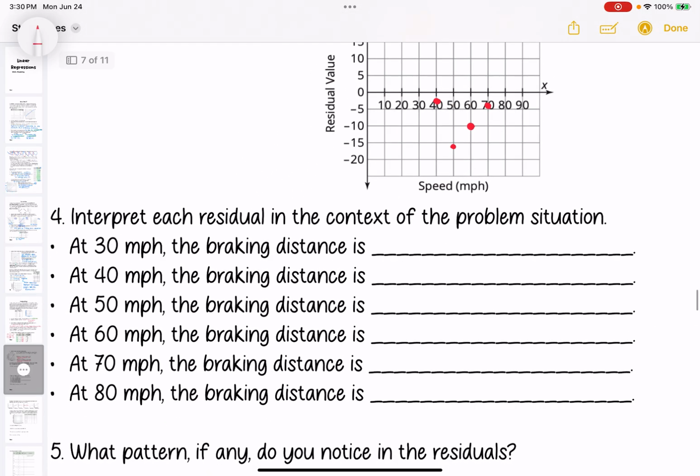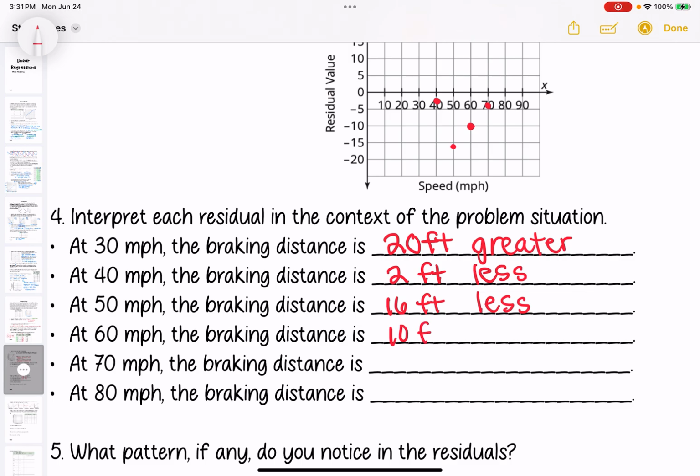All right, so now we're going to interpret each residual in the context of the problem. Remember, if it's positive, it's greater. If it's negative, it's less. So 30 miles per hour is 20 feet greater because it's in that positive section. 40 miles an hour is 2 feet less. 50 miles an hour, 16 feet less.